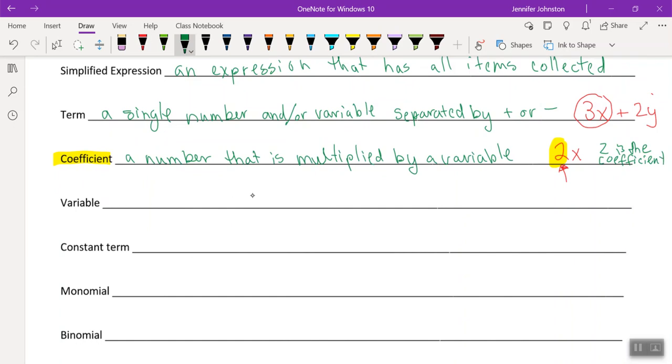And hopefully you guessed it, x would be the variable. A variable is a symbol, usually a letter. Above I used apples, standing for an unknown numerical value.